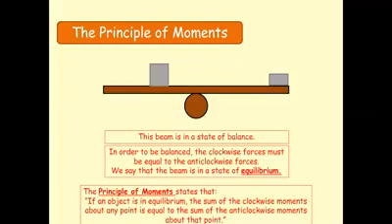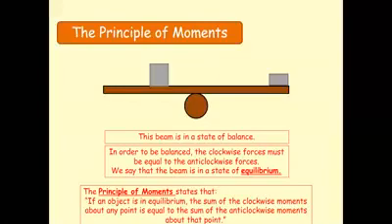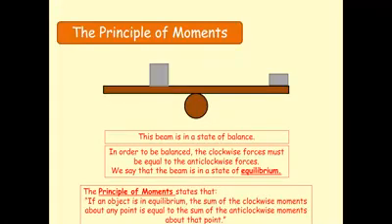So if an object is in a state of equilibrium, this is what the principle of moments says. Please try to put this in memory, which is very important. It will help you in calculations of moments.